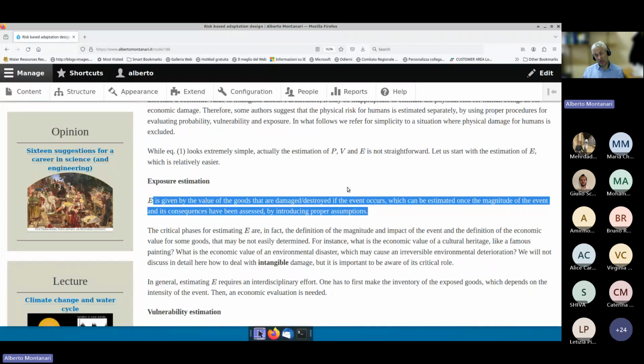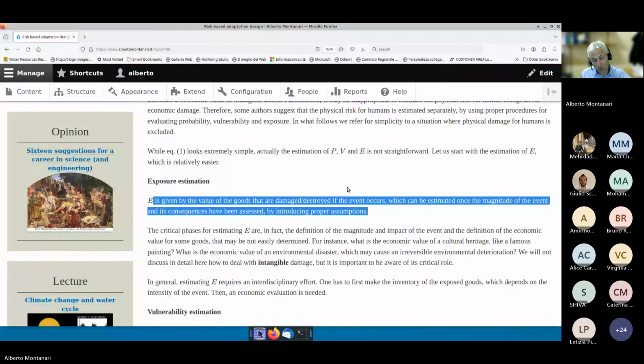Even if the legislation tells you what is the intensity of the event, you may want to make your design for a greater event, for a more intense event. Why? Because it's your sensibility, it's the intuition of the scientist that may suggest that you have to go beyond what legislation suggests.